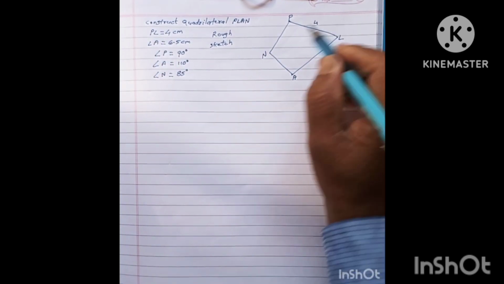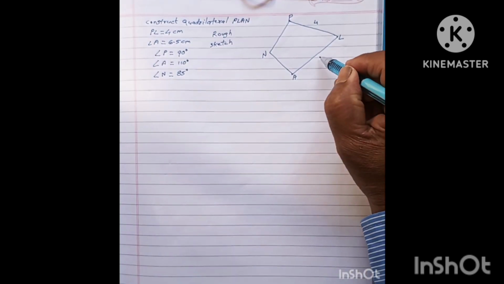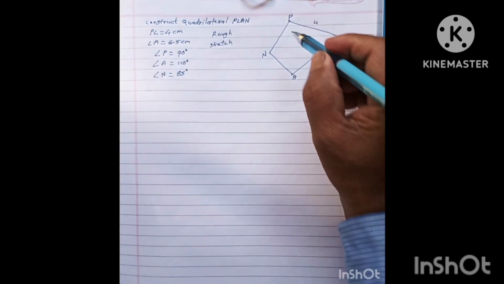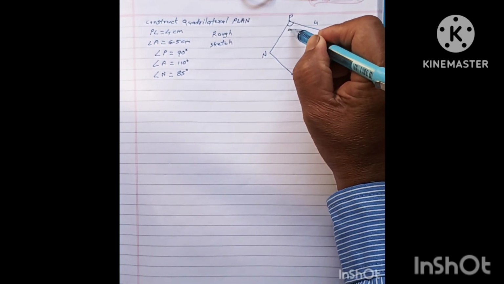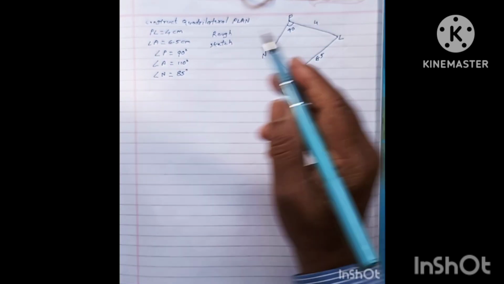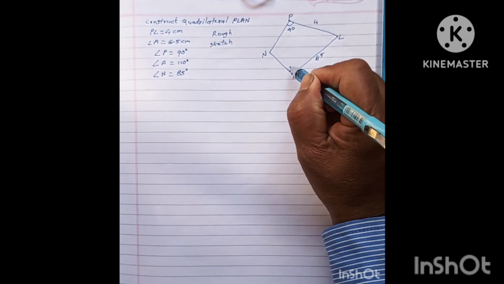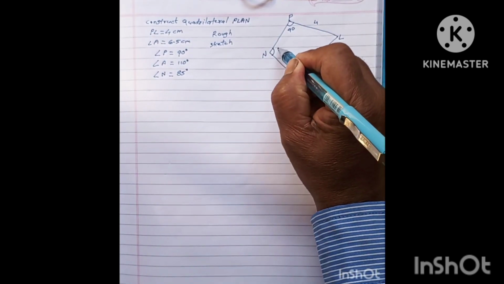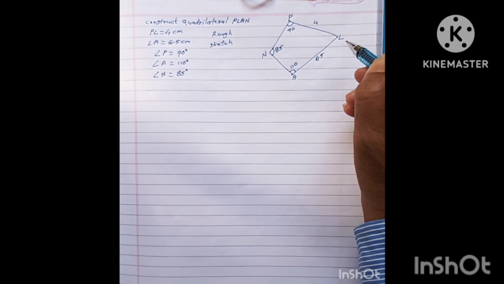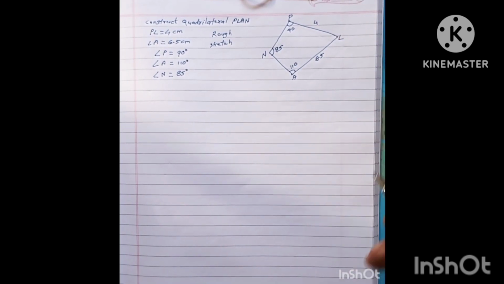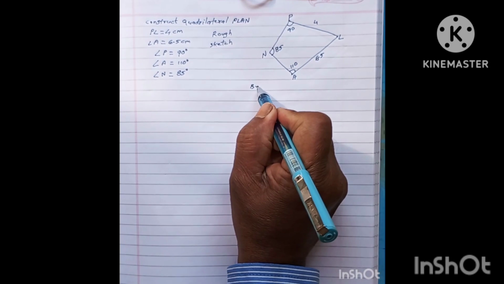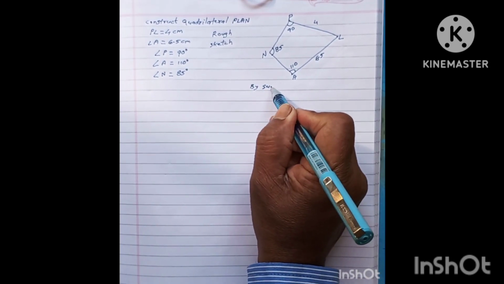PL is 4, then this is 6.5, angle P, go in series, angle P is 90. Okay, angle A is 110. Let him give anyhow he likes or the author likes, but you should go in series, okay, so that you don't miss anything and don't make mistake in writing also.